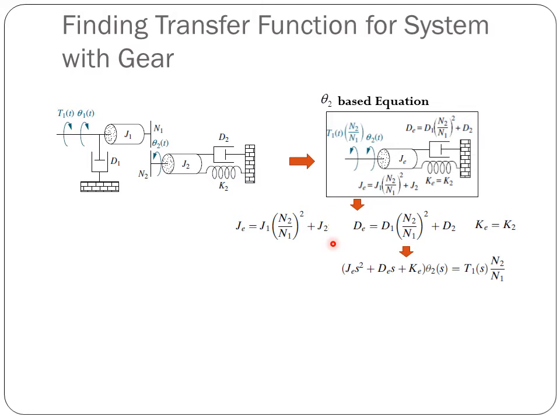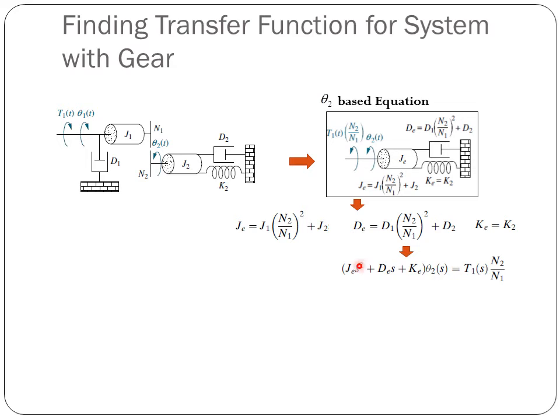So this is the equivalent Je, equivalent inertia. This is the equivalent viscous damper, and this is the equivalent spring constant. And finally, we can write down the equation like this: Je s square plus De s plus Ke, into theta 2.